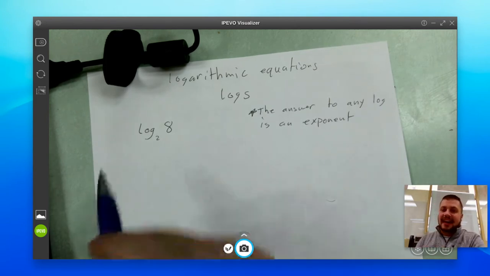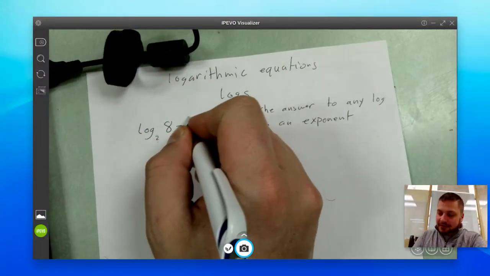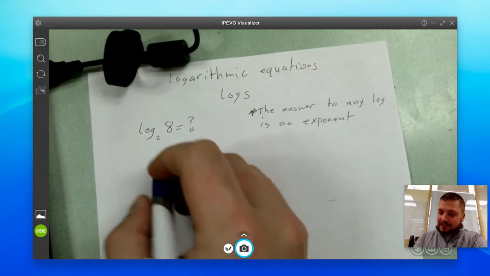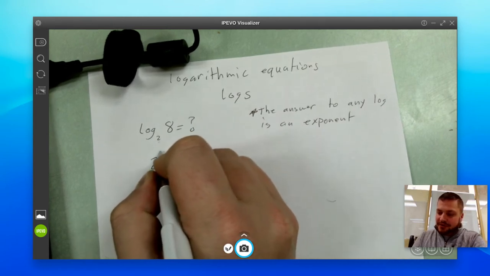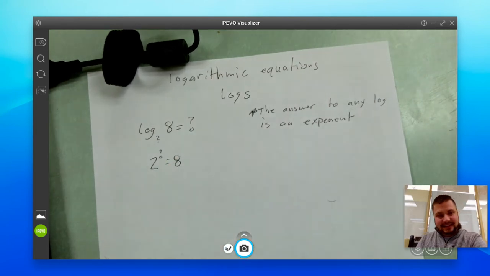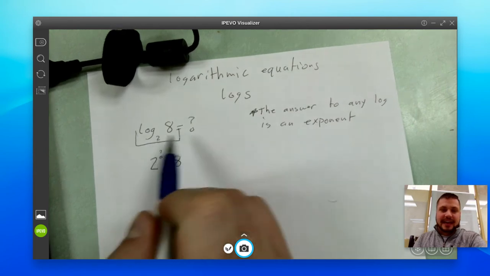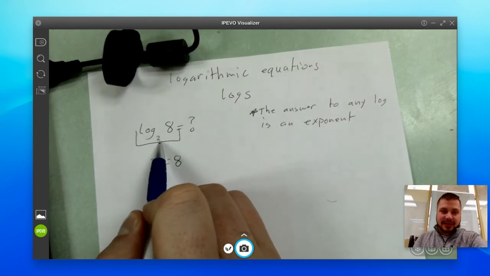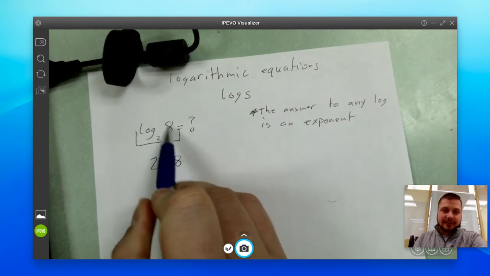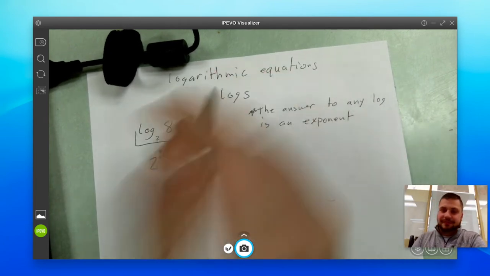So what this asks you is 2 to what unknown power is equal to 8. They're asking you, what exponent does the base need to be to become this larger number? So obviously 2 to the third is 8.